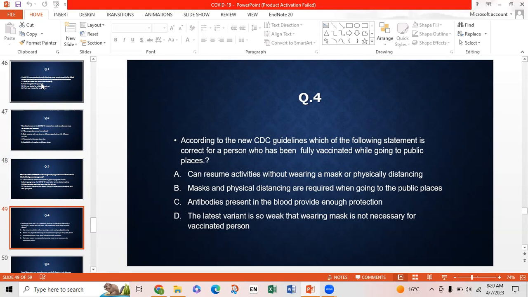C, antibodies present in the blood provide enough protection. And D, the latest variant is so weak that wearing a mask is not necessary for a vaccinated person. B. Yes, B is the right one. Mask and physical distancing are required when going to public places, even after vaccination.